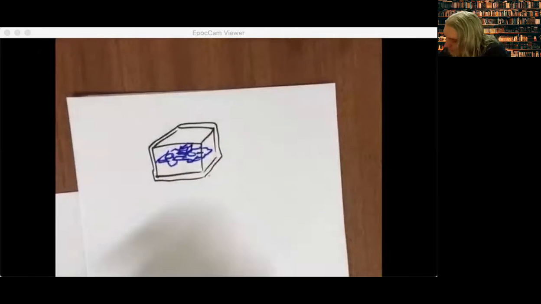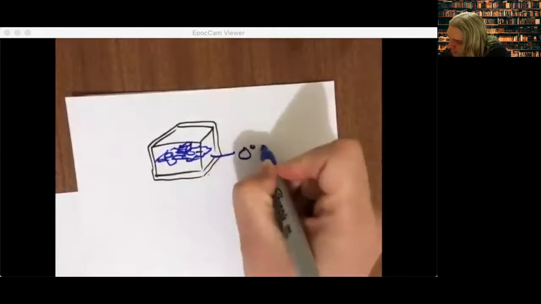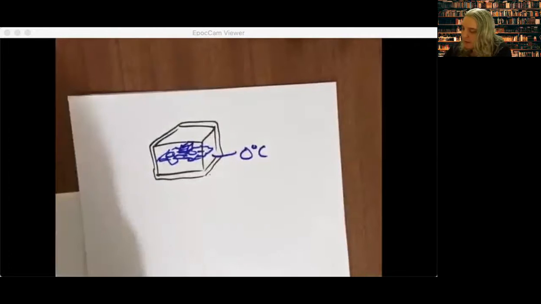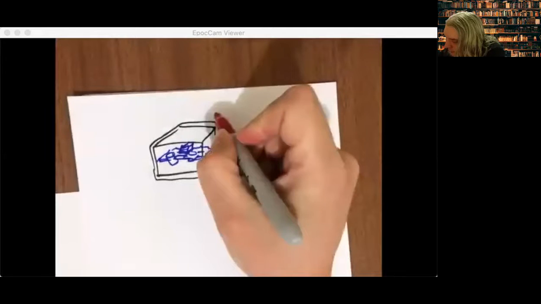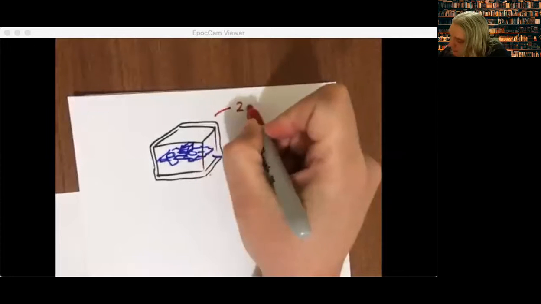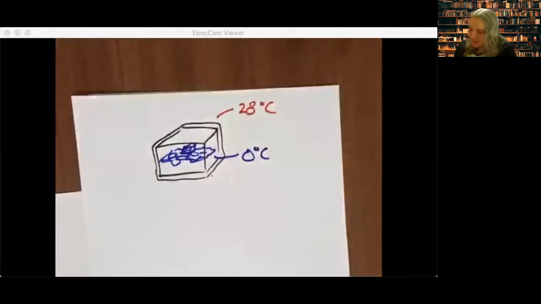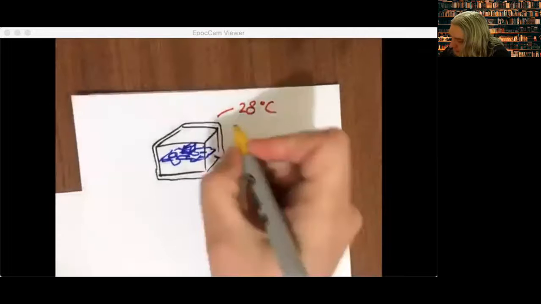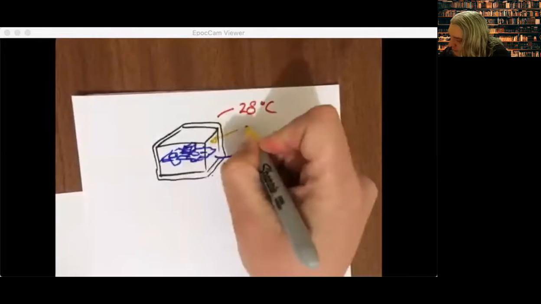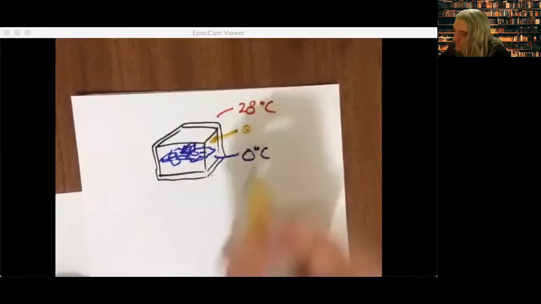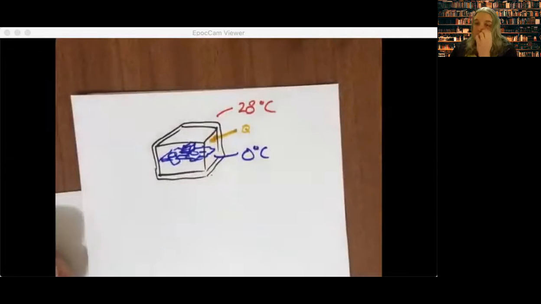So inside here we're all at 0 degrees Celsius. Outside here we're at 28 degrees Celsius. And so we're going to get heat flowing into our object. So the Q will go in. Heat's going in from the outside environment into the chili bin.